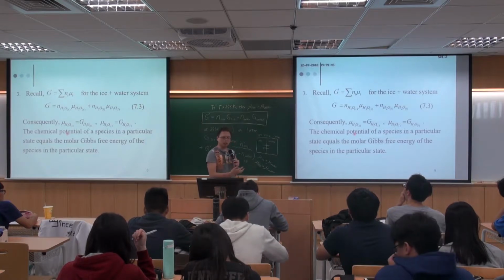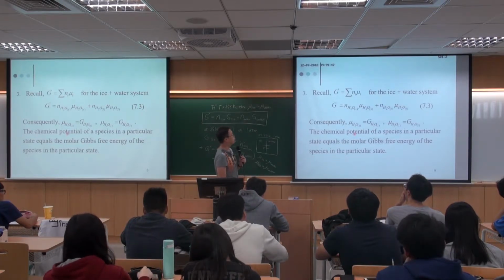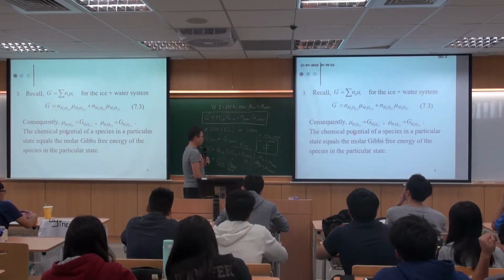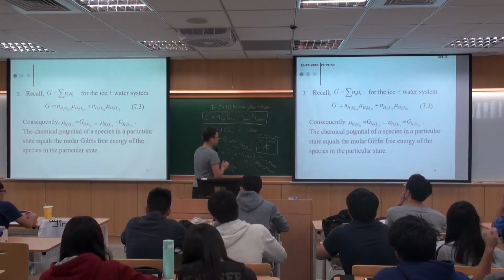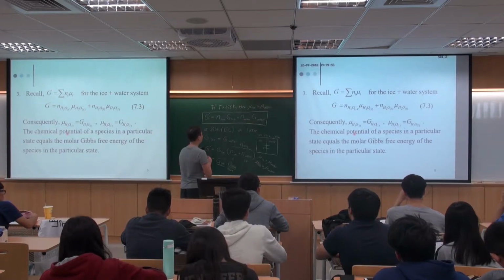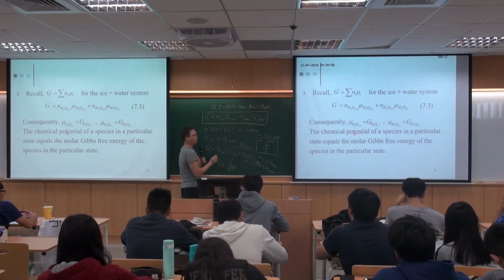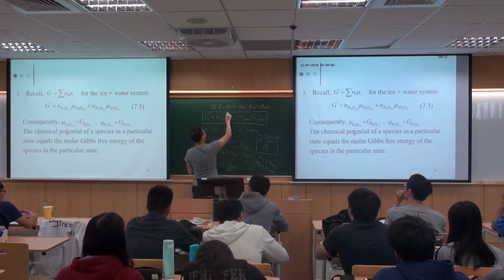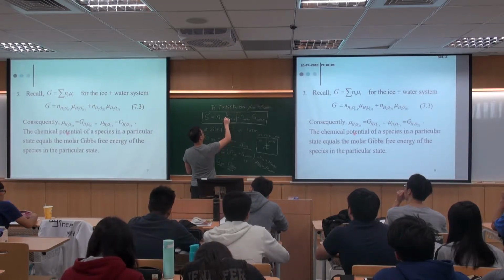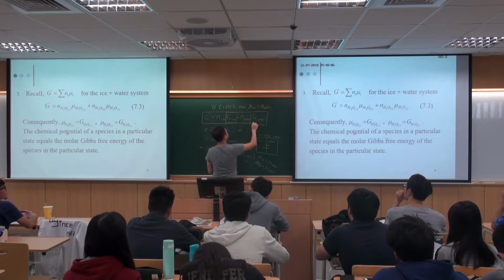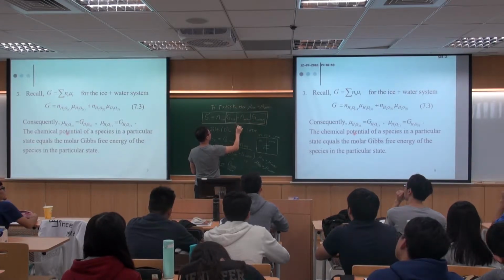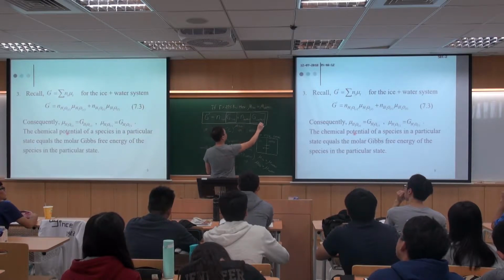And in a state of equilibrium, the Gibbs free energy should be the same. And over here, we also describe this as a chemical potential. Therefore, I think we derived this in chapter 5, that the Gibbs free energy that we described for each species is essentially the same as its chemical potential.